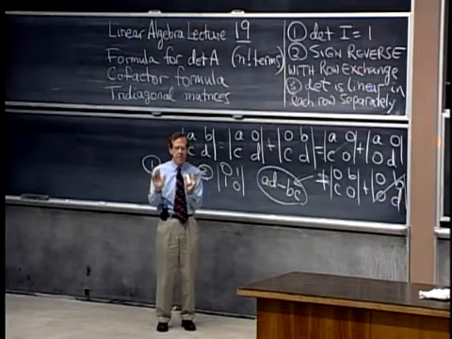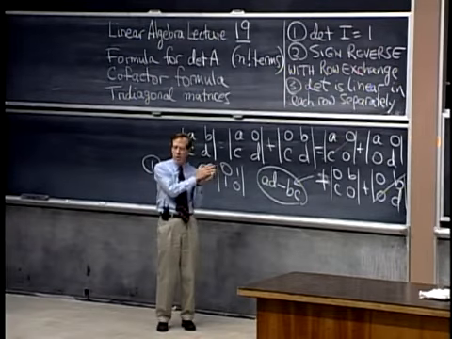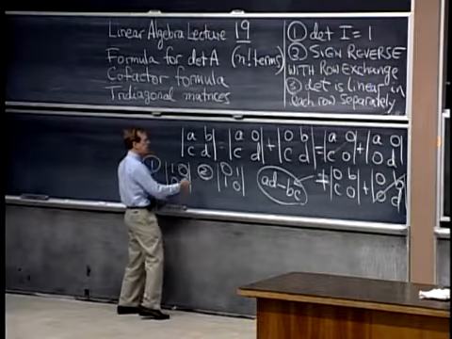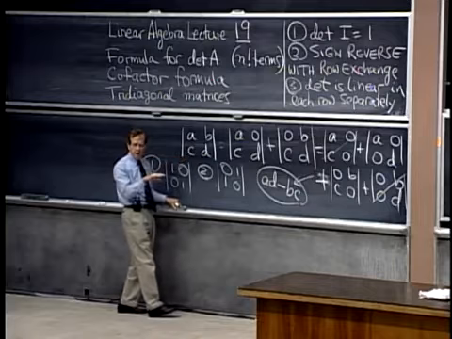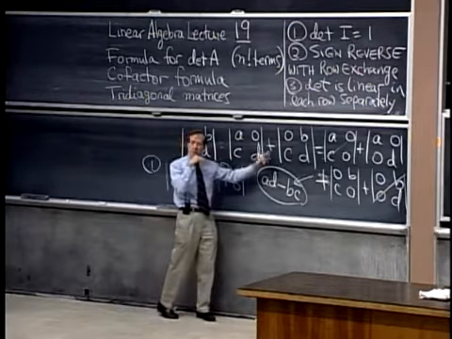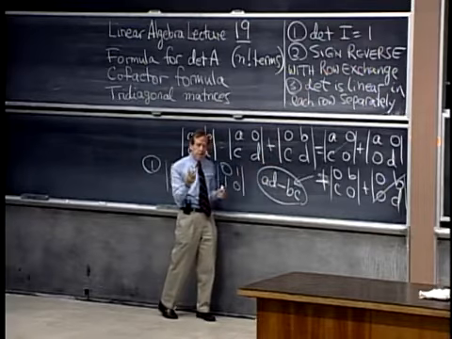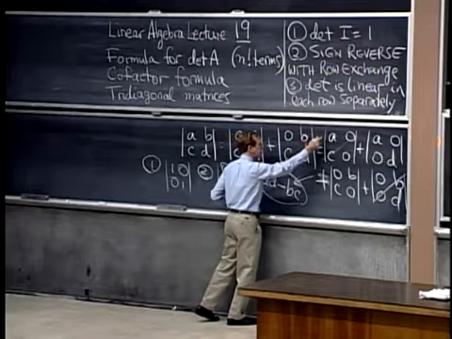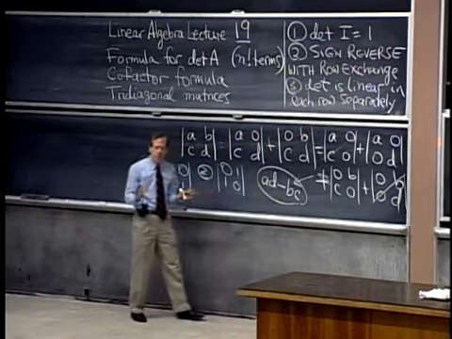Can we mentally do it rather than I write everything on the board? I would keep rows 2 and 3 the same, and I would split the first row into how many pieces? 3 pieces. I'd have an A00 and a 0B0 and a 00C or something for the first row.